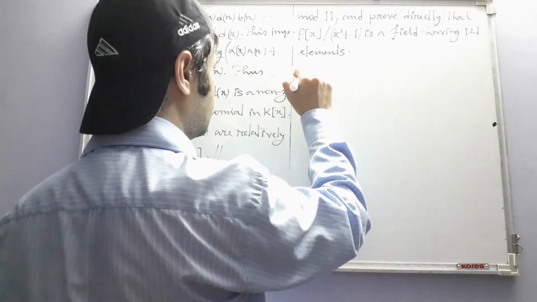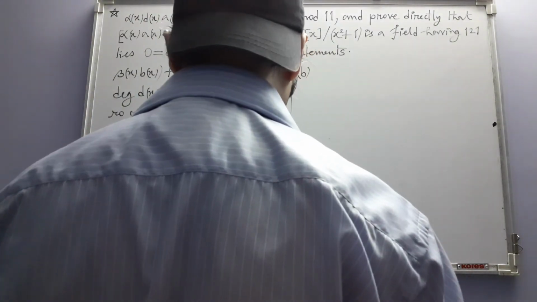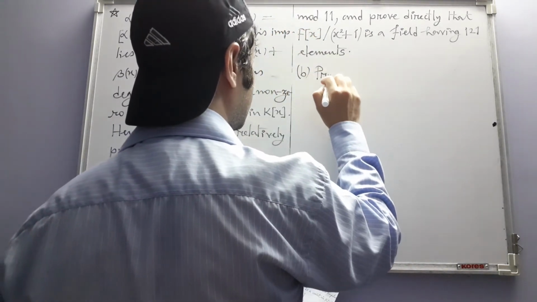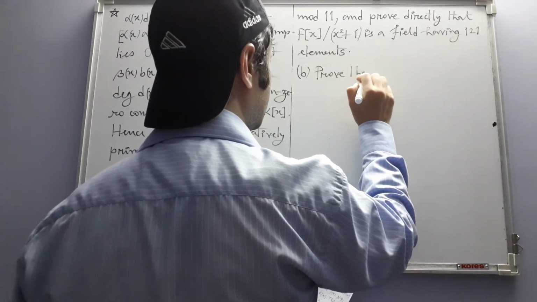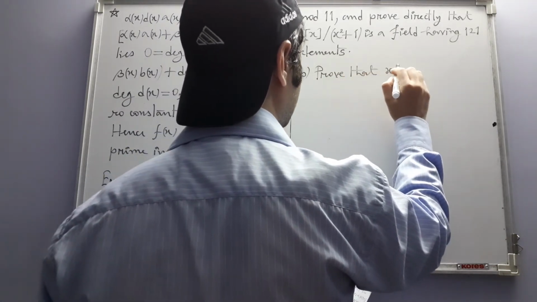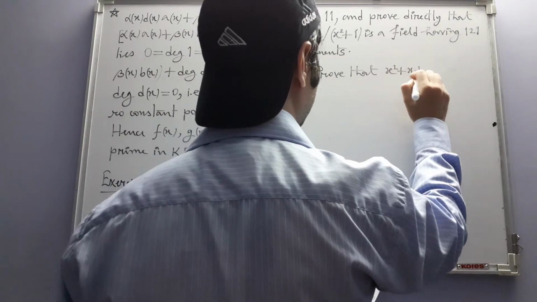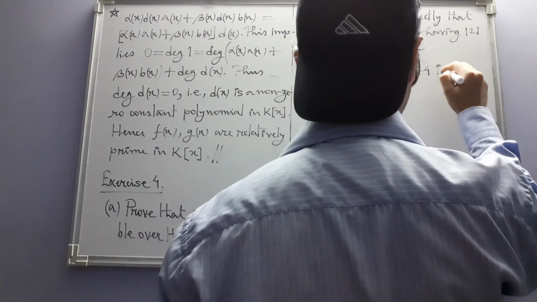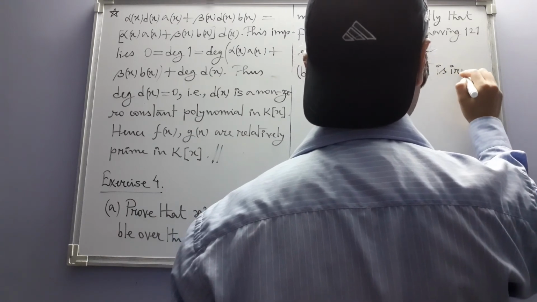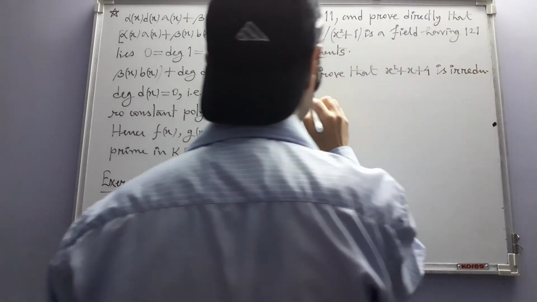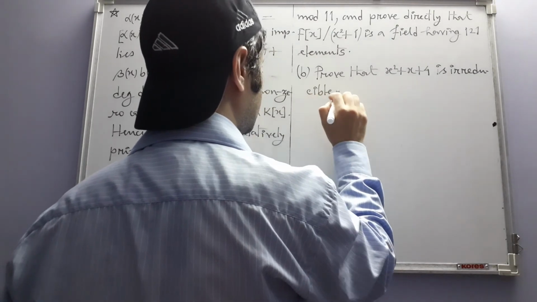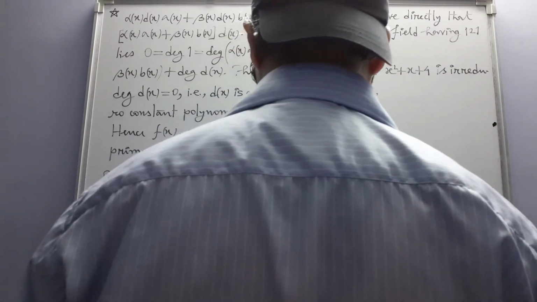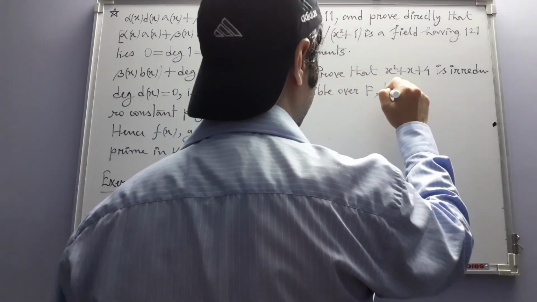Part B is something similar, but the polynomial is different. Prove that x squared plus x plus 4 again is irreducible over F, the field of integers mod 11.